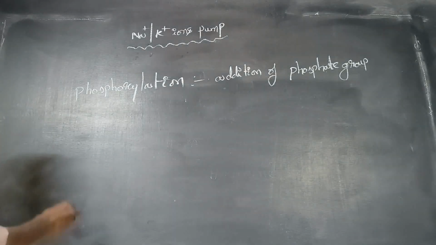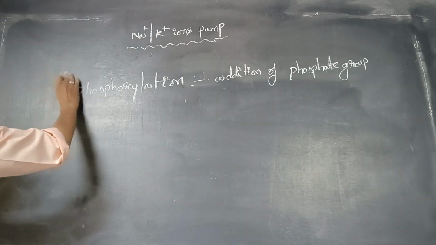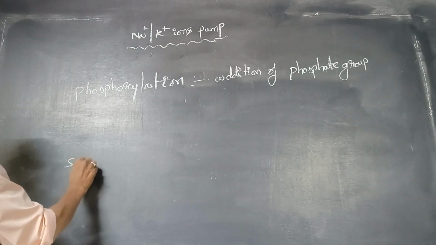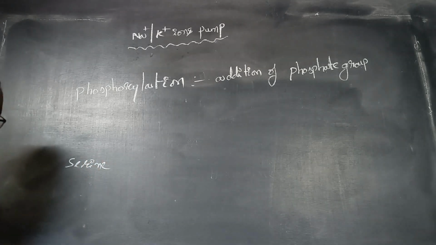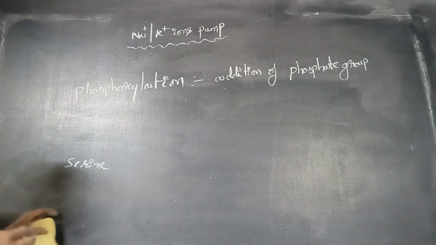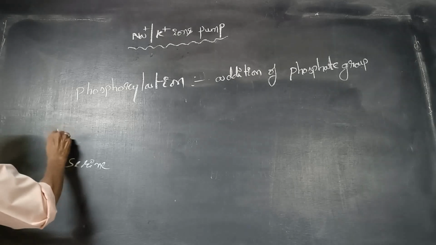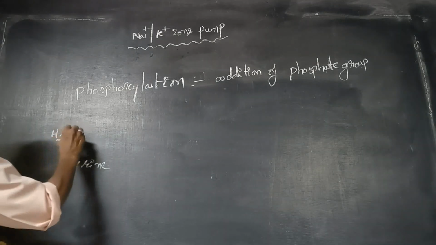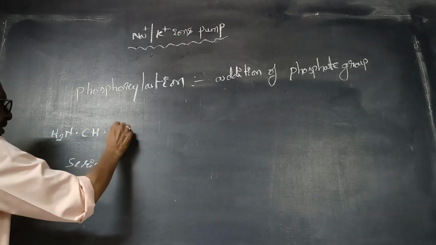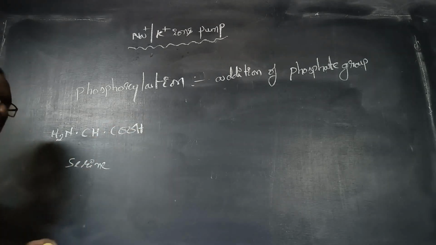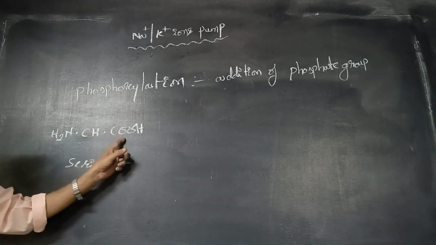Serine, S-E-R-I-N. It is an amino acid. Amino means it must have an amino group, and it has a carboxylic acid group. So it is an amino acid.